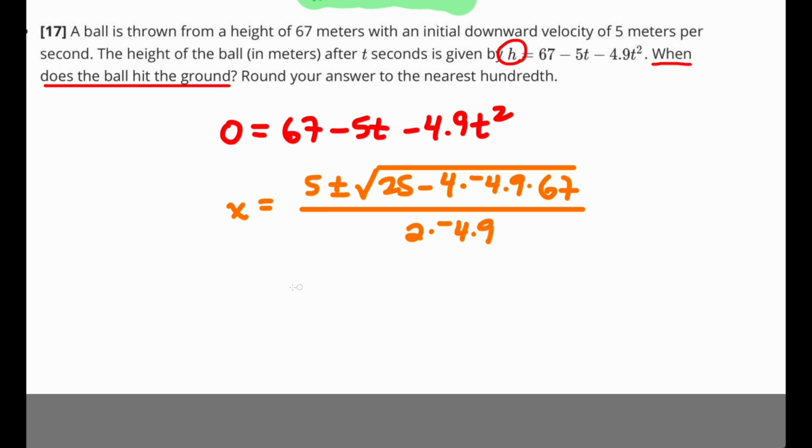So if you throw that in your calculator and round, you will get 3.22 or negative 4.24. The problem with this is you can't actually have a negative x value. And I shouldn't have even written x to begin with, because really this is supposed to be a t, because these are t's. So that actually illustrates my point further though. You can't have a time that's negative. So the final answer should be 3.22 seconds.